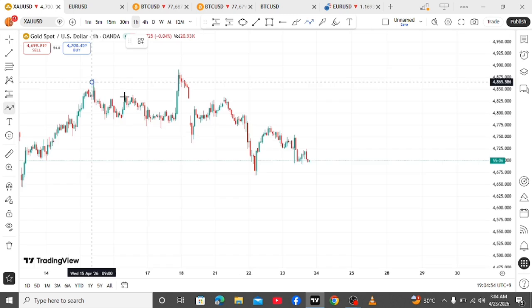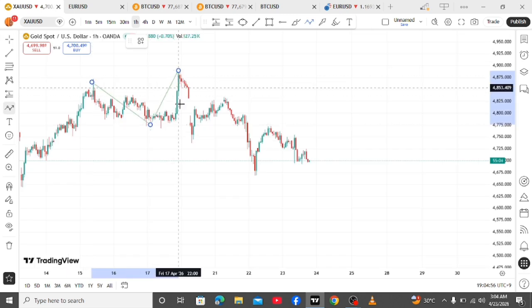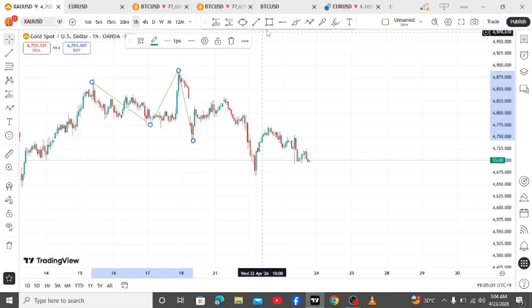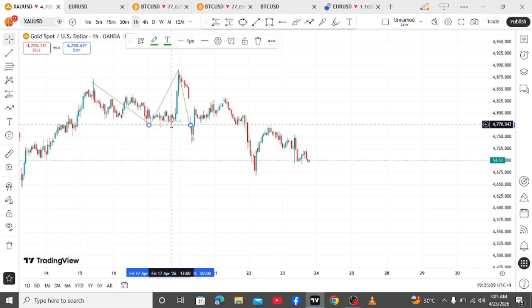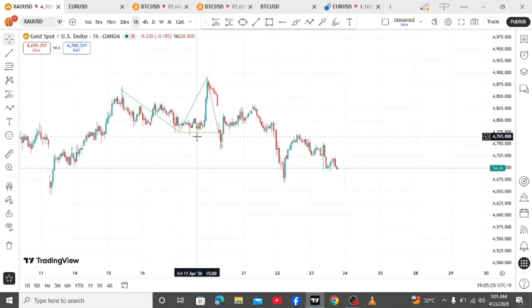So this right here is your market shift. This means the market is no more going up.